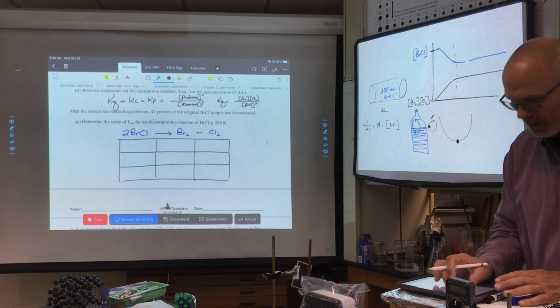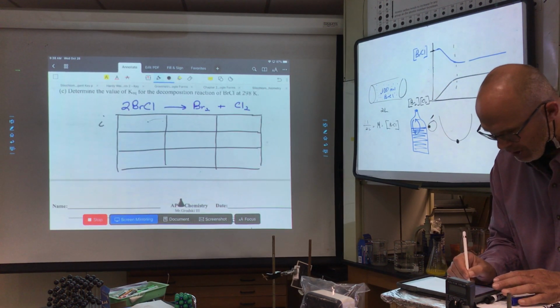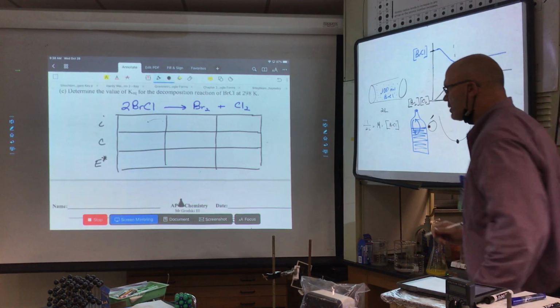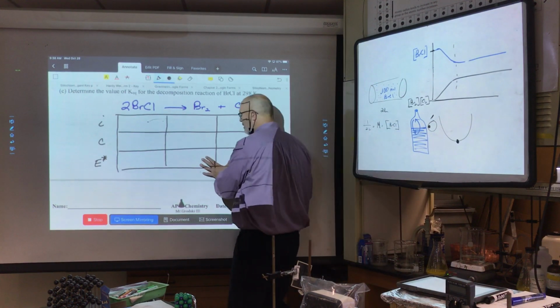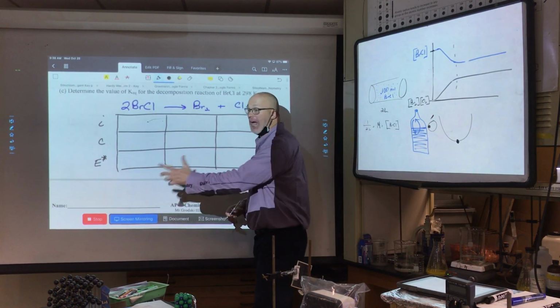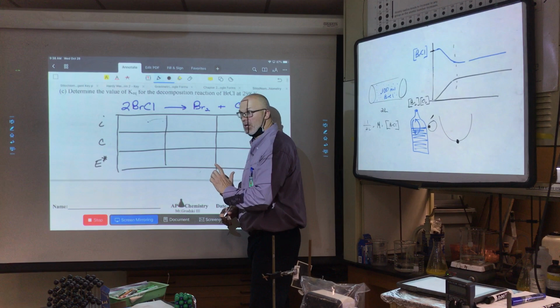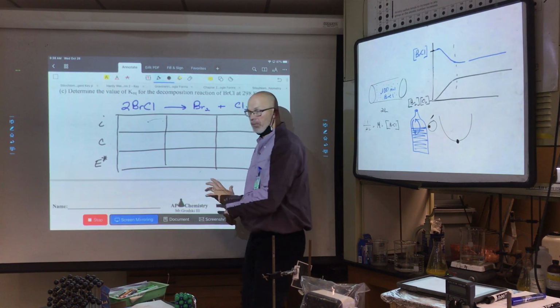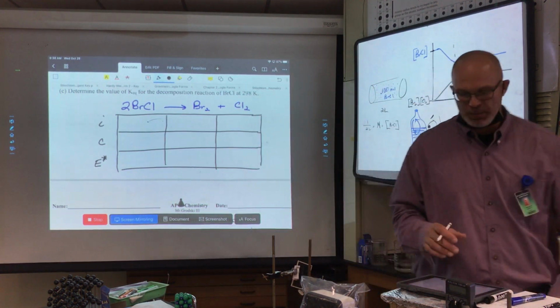This is initial, this is change, and this is the end of the reaction. I'm putting a little star here because at the end of this reaction, it's not going to go to completion and run out of a limiting reagent. It's going to go to equilibrium.